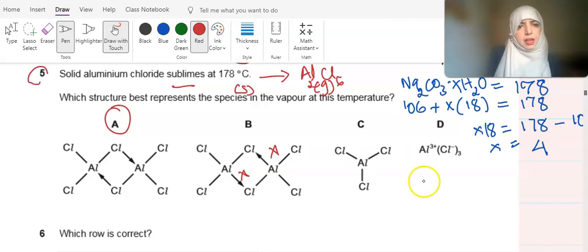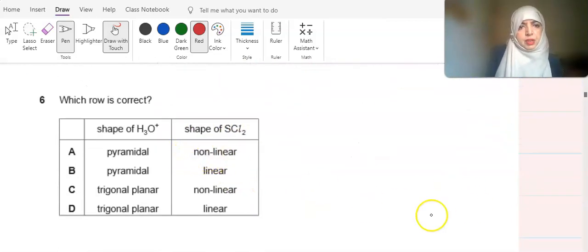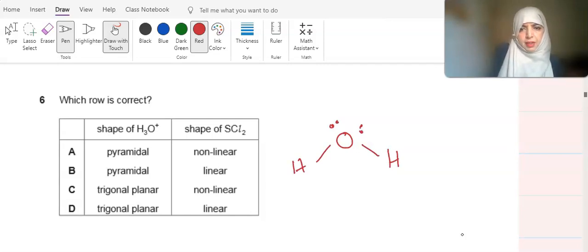Now coming to the next question: which row is correct? Shape of hydronium ion H3O+ and shape of SCl2. So we need to make the shapes. You know, oxygen, this is water. There are two lone pairs. One of the pairs will make a dative bond with H+ ion.